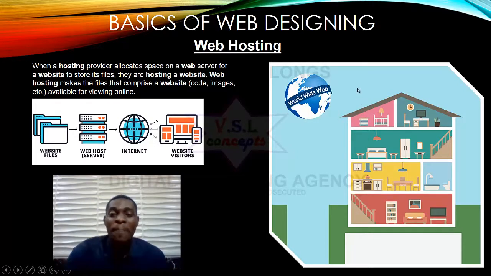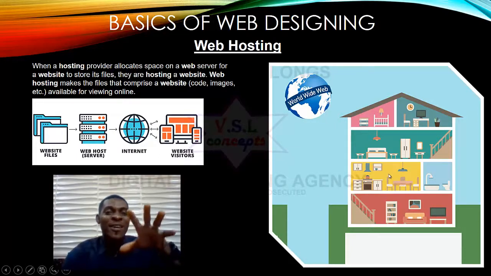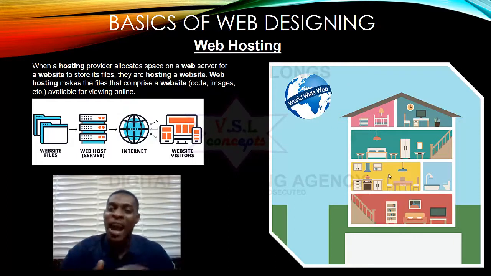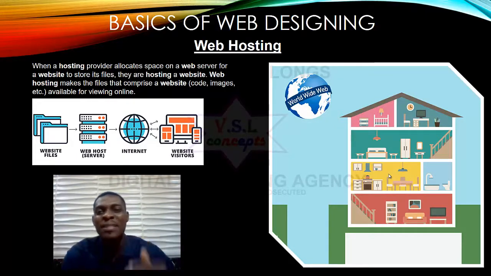So automatically, the domain name is the house address, and the what? Web hosting is the spot where all the files are hosted. Guys, if you understand this simple information, you have gone 70% of the way to understanding what web design is all about.